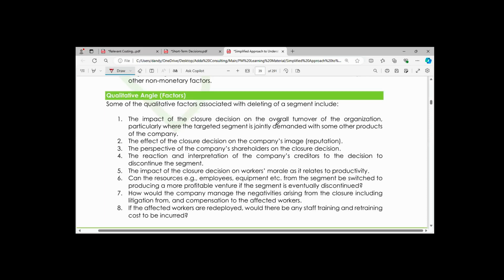Not only that, how would the company manage all the negativities that may arise from the closure decision? Negativity including litigation, or some compensation may need to be paid to the affected workers.